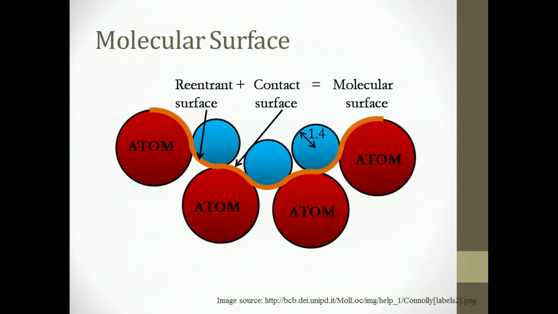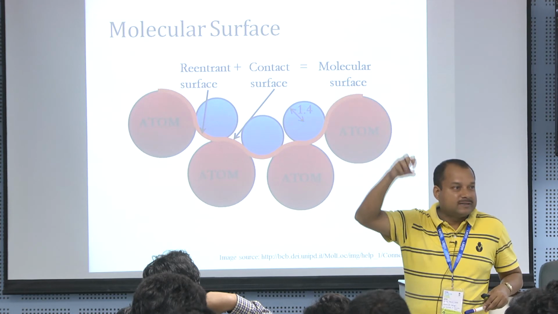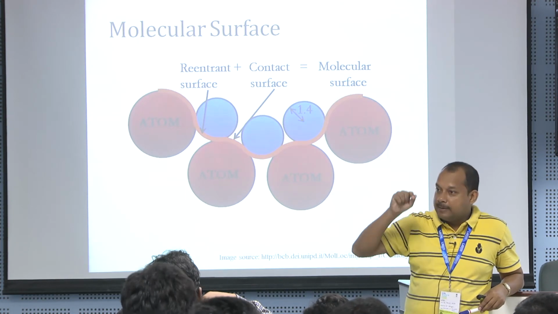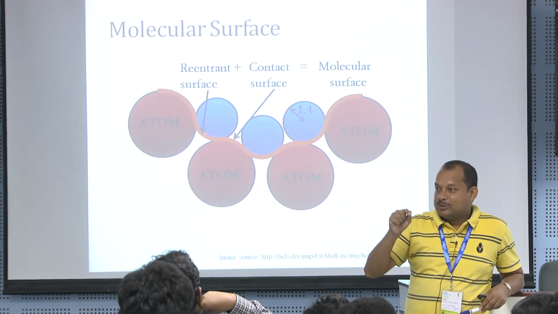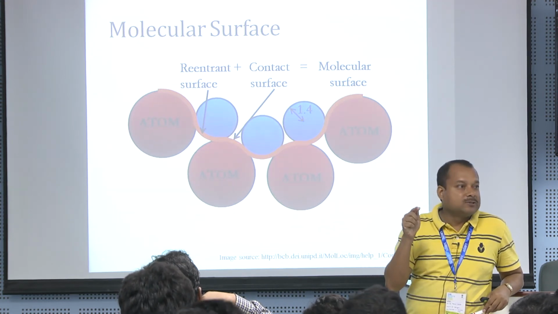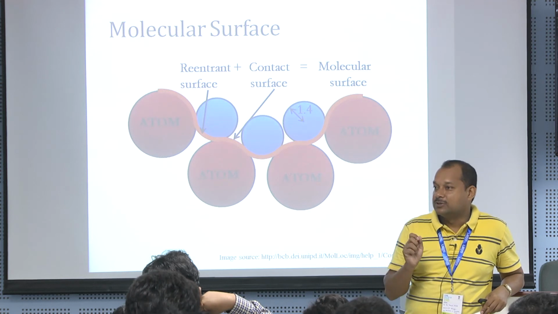Isn't that the same as rolling the probe of a water molecule on the surface of the protein molecule? If I consider that my solution is colored red, and I put my molecule inside it, then at the atomic level all the contact surface will be colored with the color of the solution.